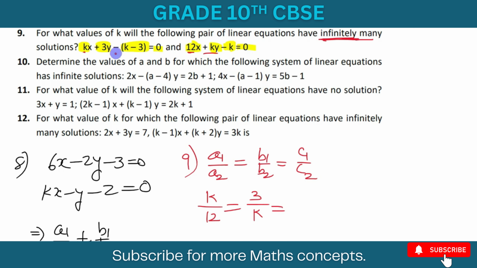What about c1? We treat it as the constant term, so it is the negative of k minus 3. Write it down as it is. And here it is negative k.